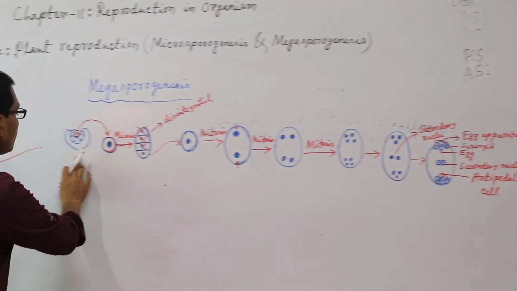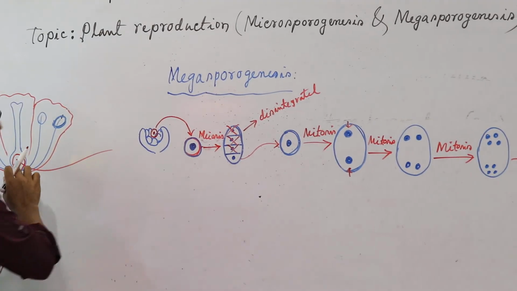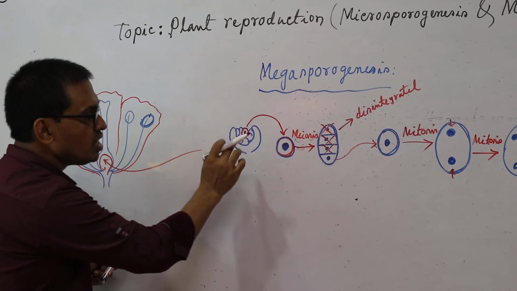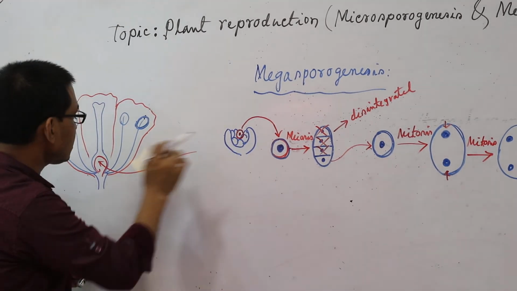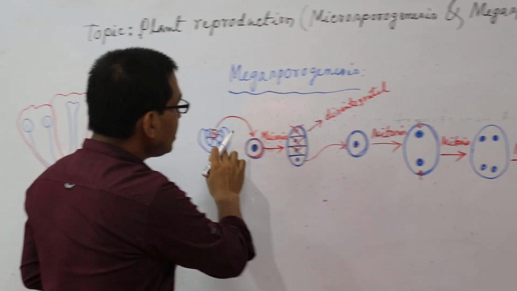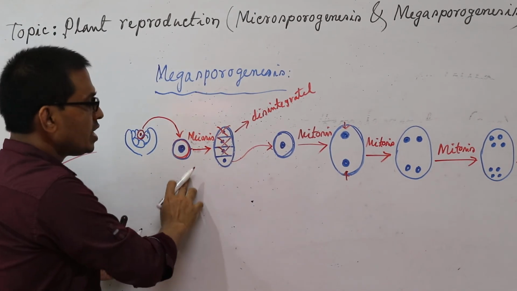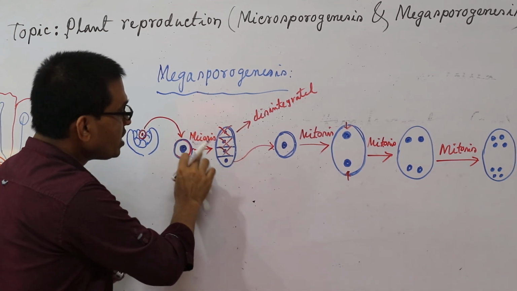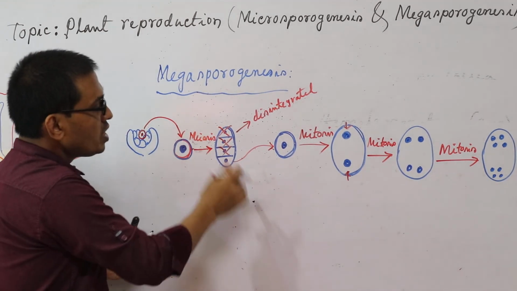Again, near the micropyle of ovule, one cell gets larger, nourished in the nucellus, the nutritive tissue of ovule, and this larger cell divides to form four cells by the process of meiosis.